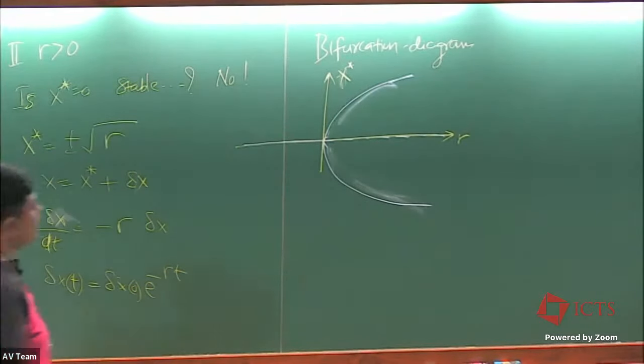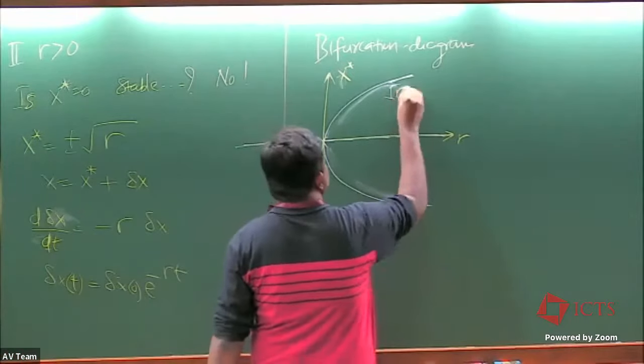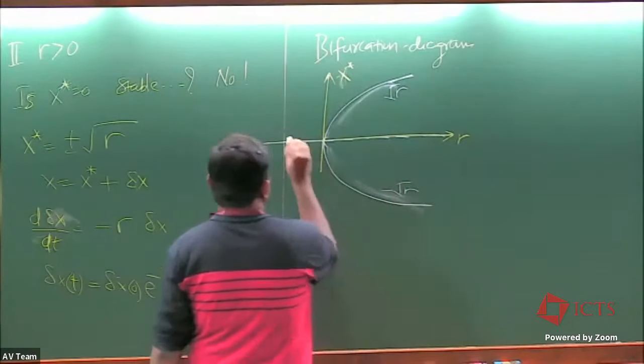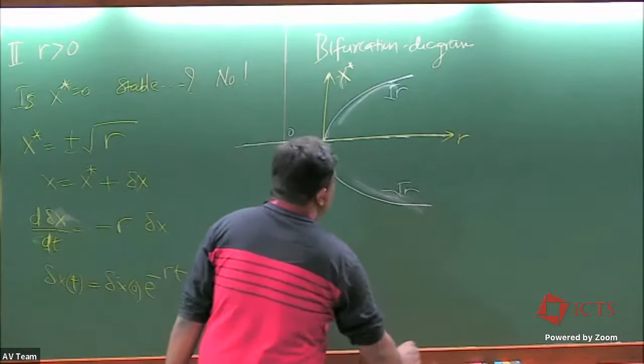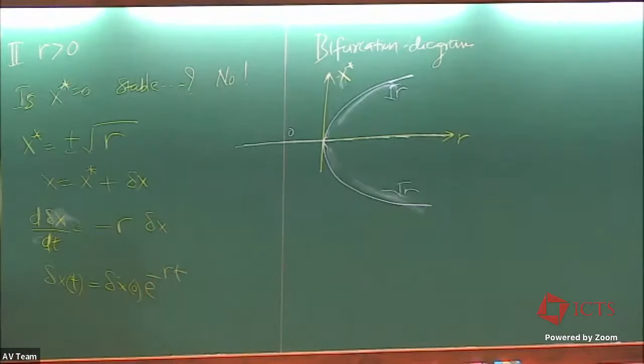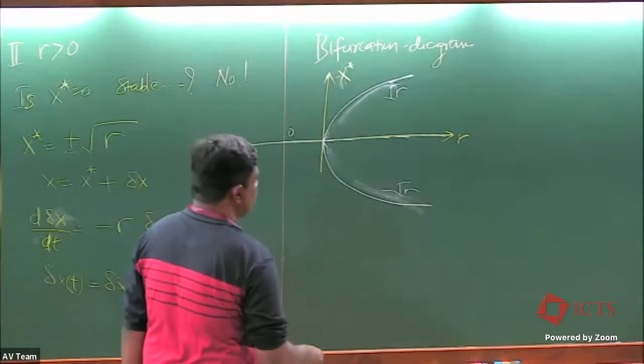Okay, so there's the root r fixed point, the minus root r fixed point, and the 0 fixed point. This is a classical example of a bifurcation in the dynamics of the system, where a single fixed point bifurcated into two.